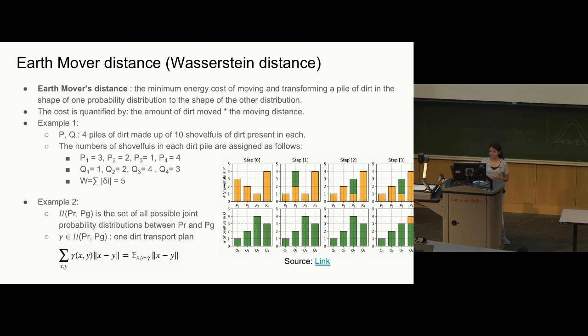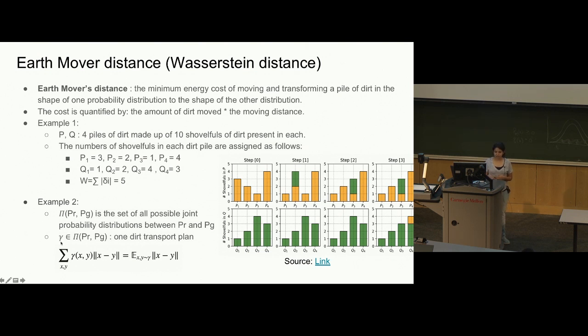Here, let us say there is a set which is representing the set of all possible joint probability distributions between these two distributions. So, pi of PR and PG is representing all possible joint probability distributions between the real probability distribution and the generated probability distribution.